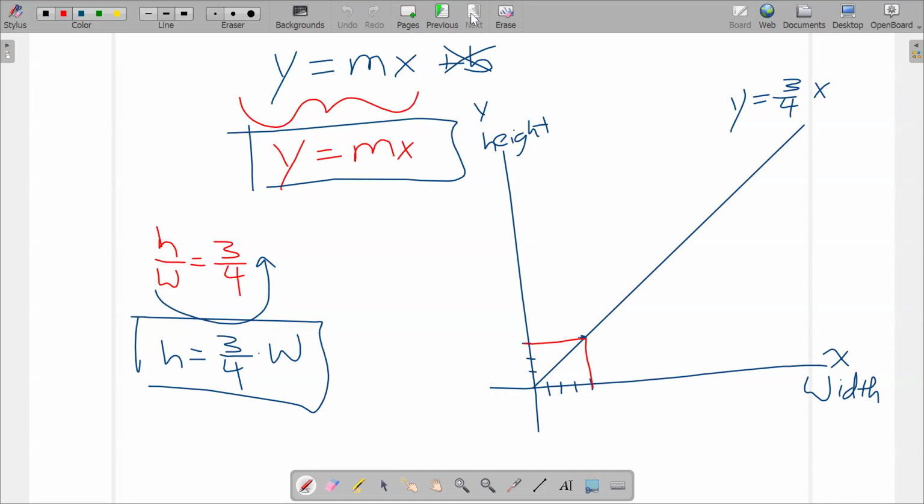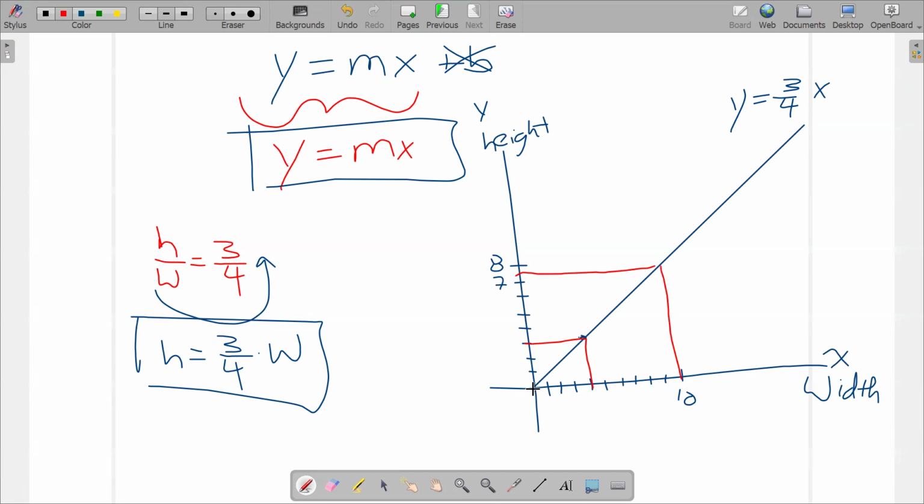So if that's 4, 5, 6, 7, 8, 9, 10 is over there. 3, 4, 5, 6, 7, 8 would be up here. 7's right there. But in that rectangle we found that's 10 by 7.5 has to have a corner on this line and the other corner down here because they're the same shape.